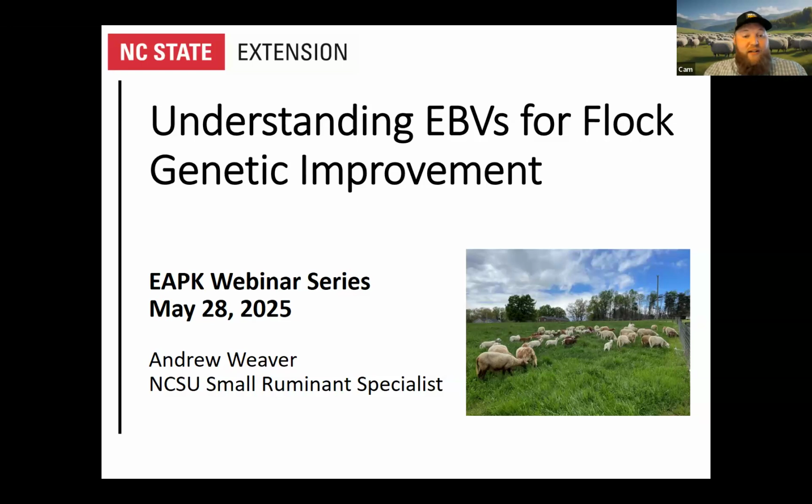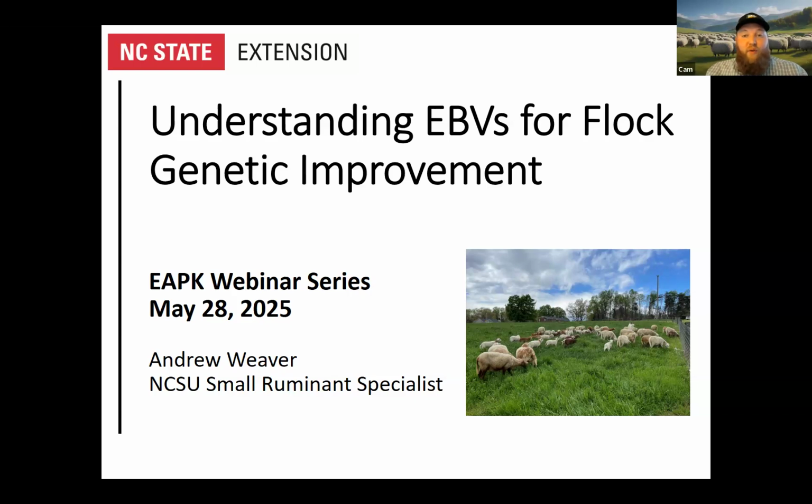So Andrew's going to start off the evening with discussing EBVs and a little bit of backstory, history on those EBVs, how they're calculated, and this will be recorded, accessible on YouTube through the EAPK, Eastern Alliance for Production Katahdins website.